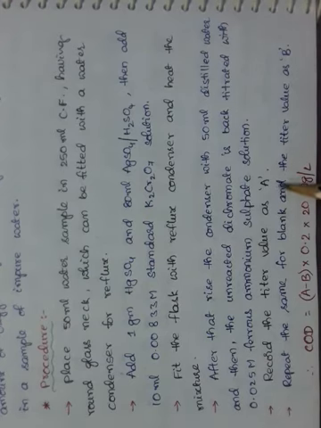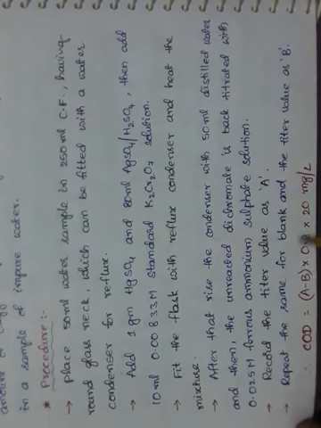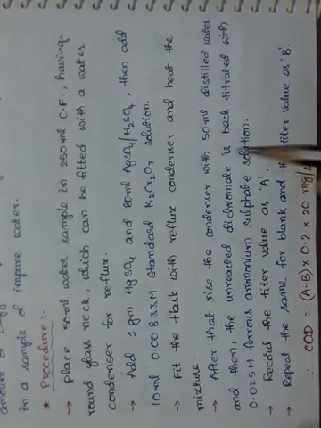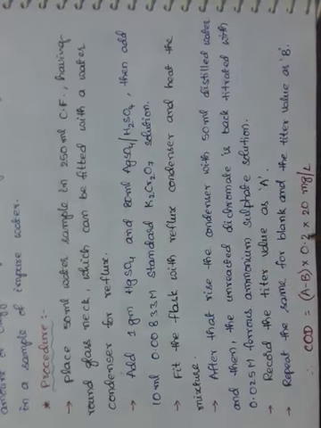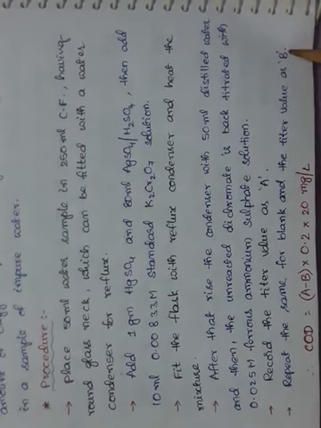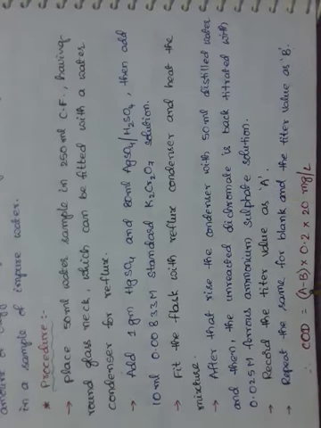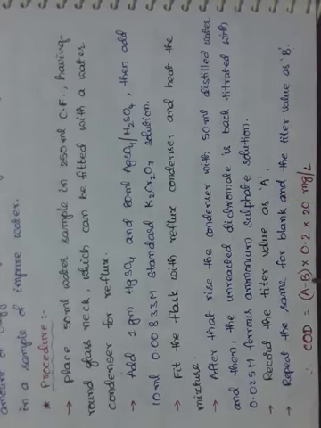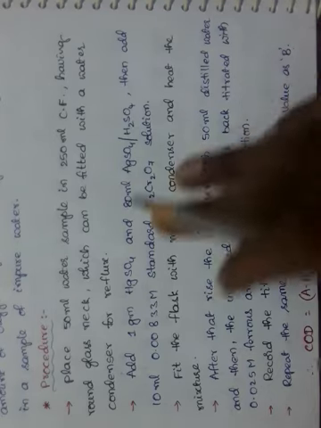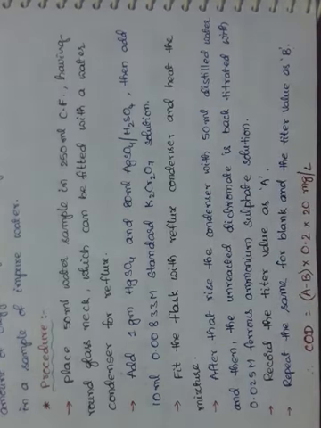Record the titer value as A ml. Okay. Repeat the same for blank, means without taking the water sample. Let the titer value be B. So chemical oxygen demand is equal to (initial titer value minus titer value for blank) into 0.3 into 20 milligram per liter. So this is the procedure for the determination of COD present in the water sample.